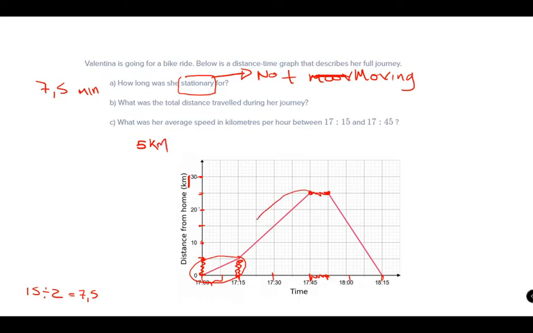This section, what was the distance? Okay, from here to here, from 5 to 25. That is 25 meters, sorry, kilometers. In this section, remember, she didn't move. That is 0 kilometers.